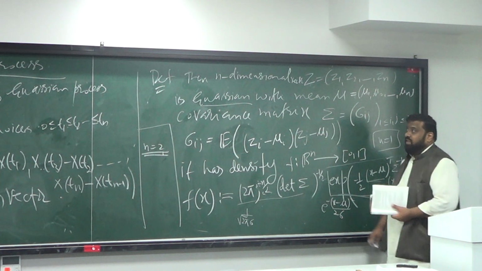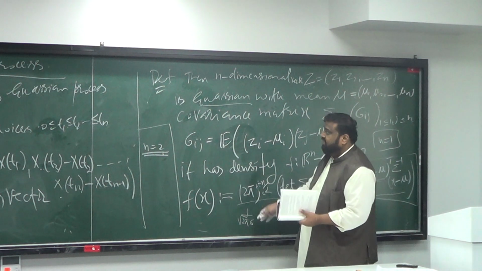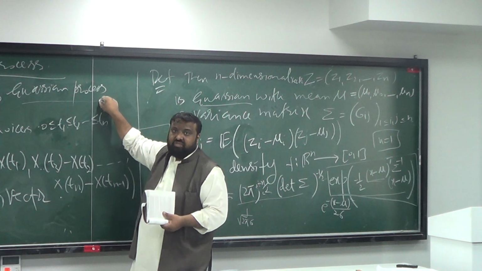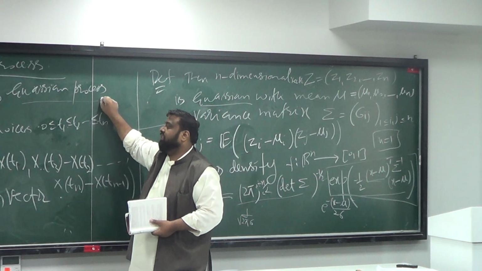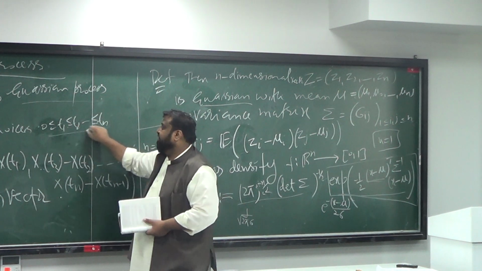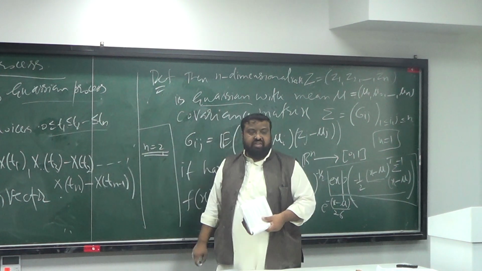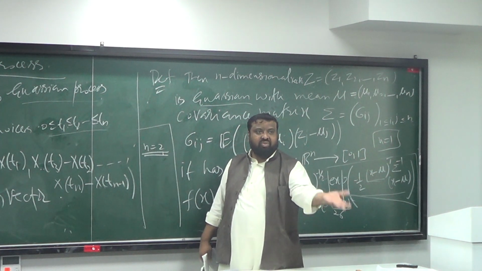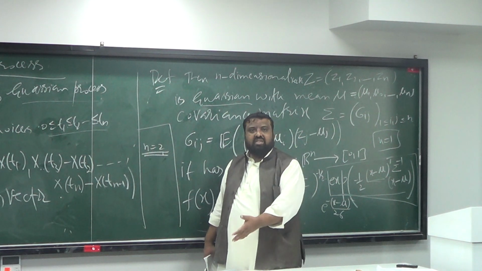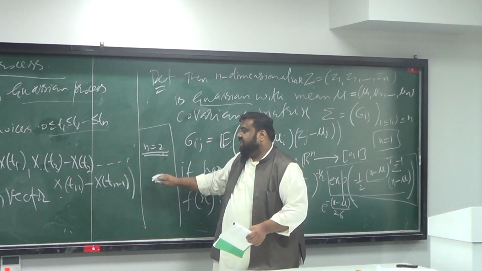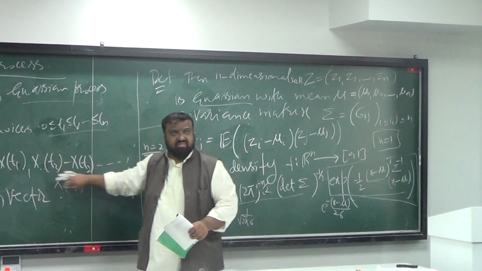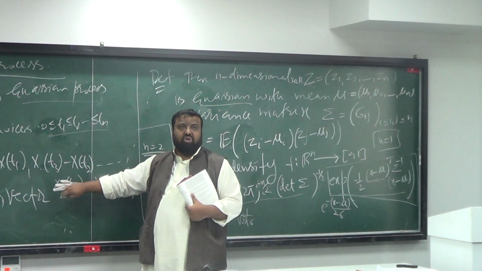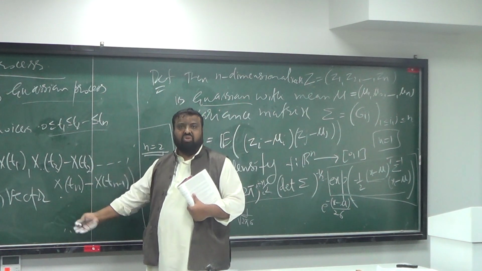Anyway, why did I introduce it? I introduced it because I could define what you mean by a Gaussian process. A Gaussian process is a process where, if you take a finite number of instants, and n is not necessarily fixed, in other words you take 2 instants or 10 or 12 or 200 instants for example, and consider the vector of their increments, that vector is going to follow an n-dimensional normal distribution.